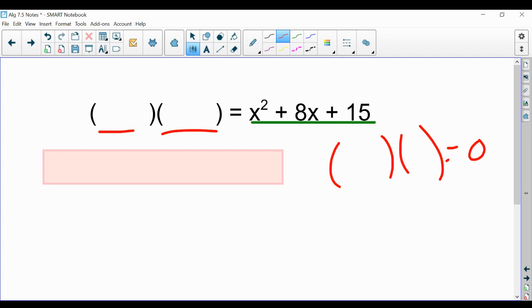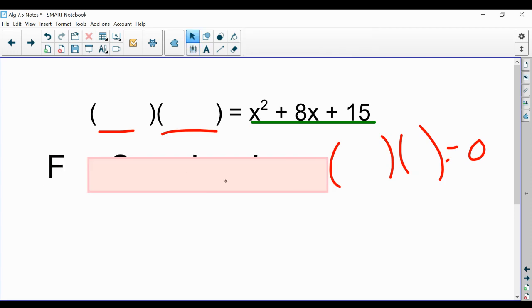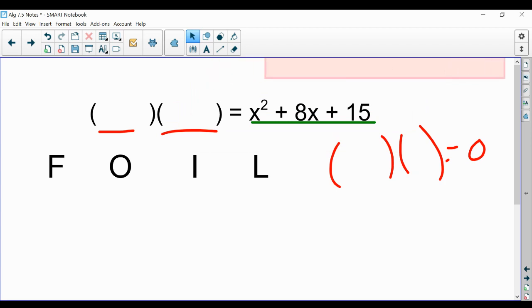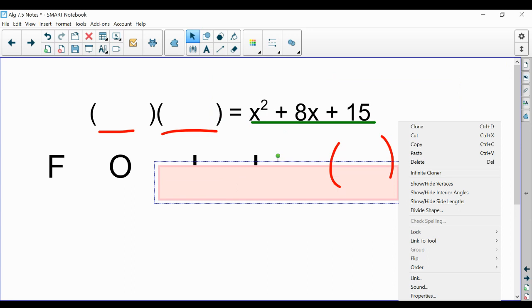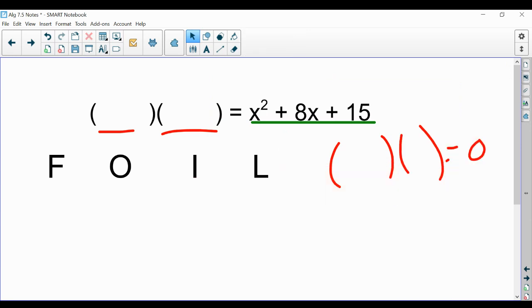But the question is, how do I find two binomials that multiply together to get x squared plus 8x plus 15? All right, well, we do know that when we multiply binomials, we use FOIL. Let me actually just get rid of this. There we go. So how do I find out what those binomials are? Okay, my two first terms, here and here.